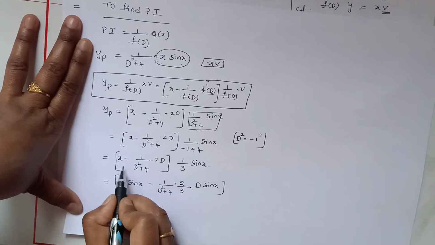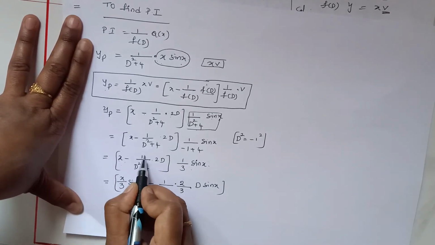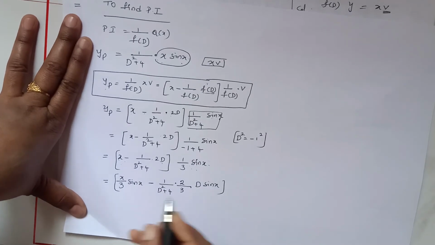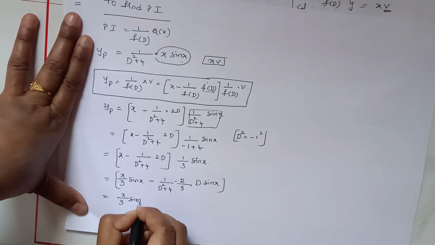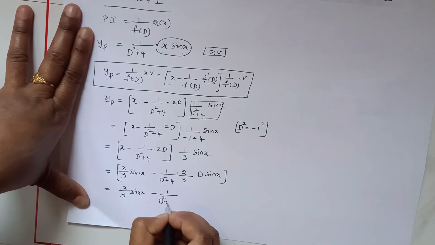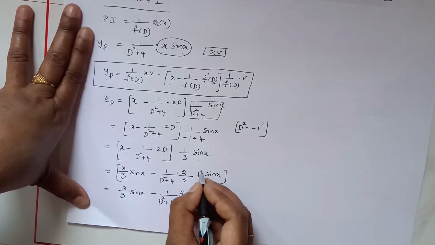I have multiplied with 1 by 3. This is equal to x by 3 sin x minus 1 by d square plus 4 into 2 by 3 d sin x.